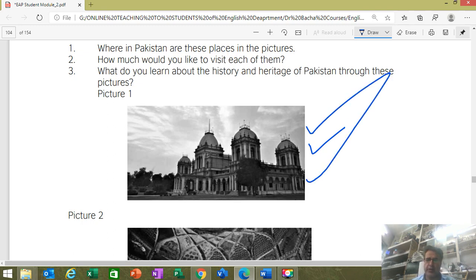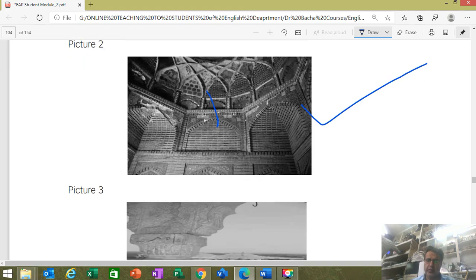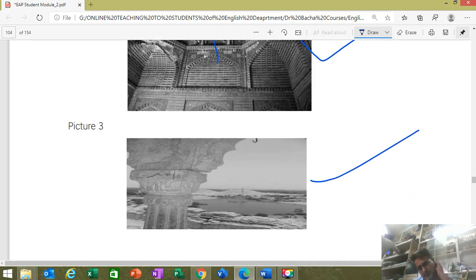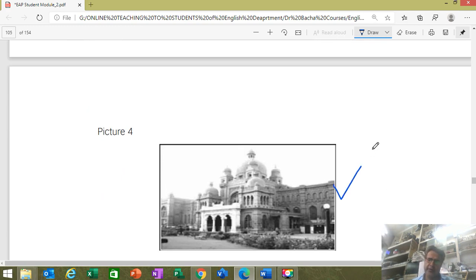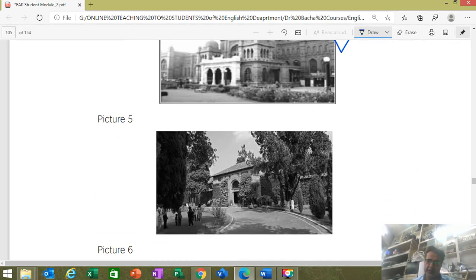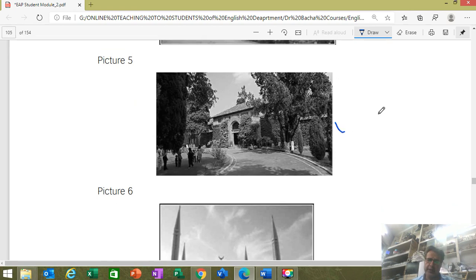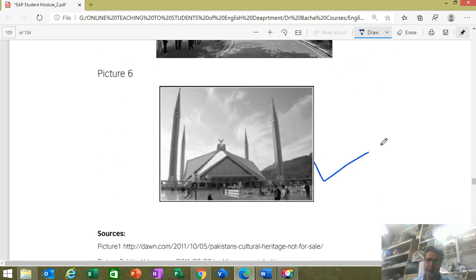Look at this picture and this one, and talk about it. What do you say about this picture? Where is it situated, what does it represent, where is this place? And what about this picture? You have to look at this as well.